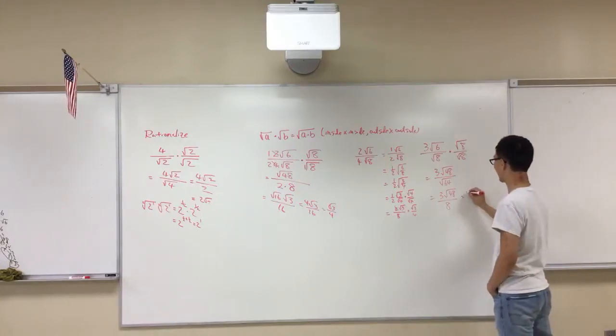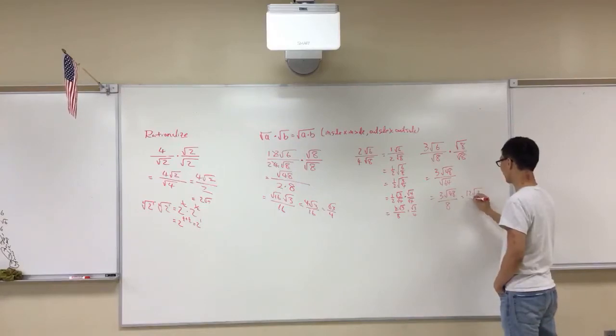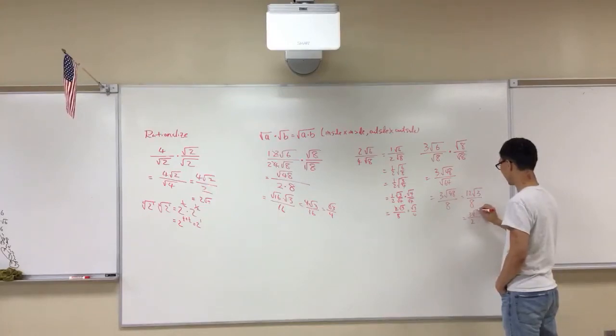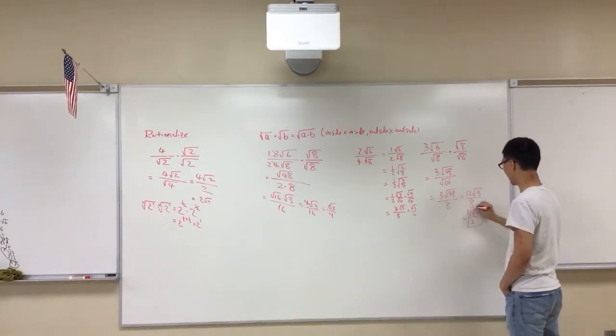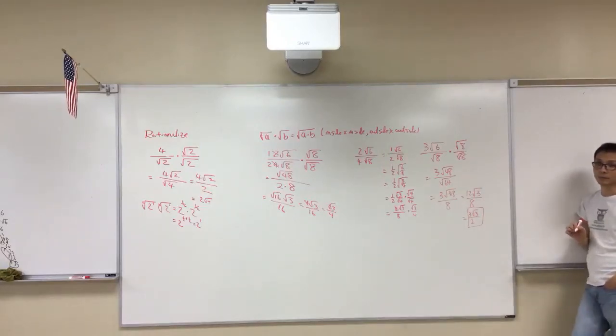So it's going to be 4 times 3 is 12, right? Square root of what? 3, right? And that's simplified down to 3 over 4, no, 3 over 2, square root of 3, and that's my final answer. That's how I rationalize. You okay here?